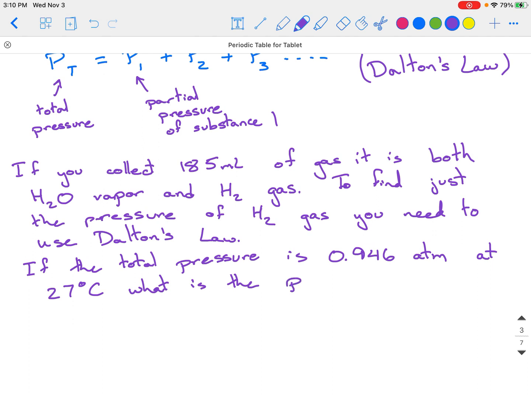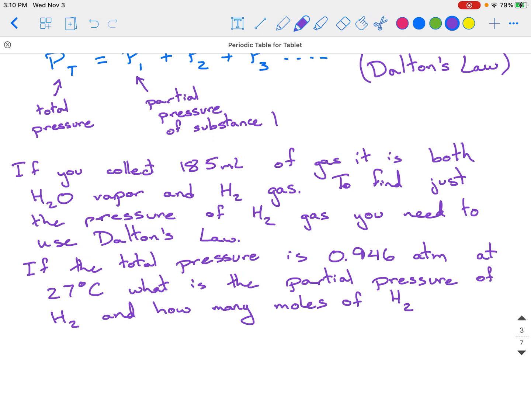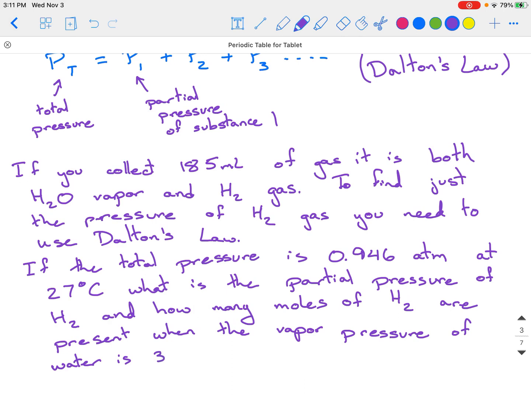Okay, what is the partial pressure of H2 and how many moles of H2 are present when the vapor pressure of water is 32 millimeters of mercury at 27 degrees Celsius.